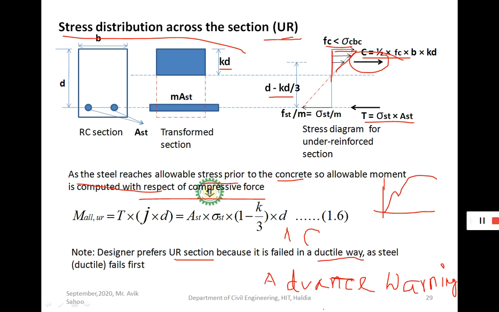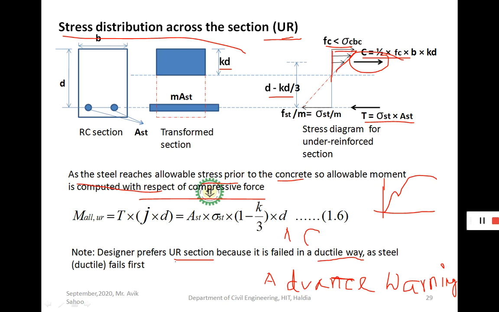And if the member fails in a ductile way, then we can take measures to repair, or we may leave the space if the structure is very old and not usable.